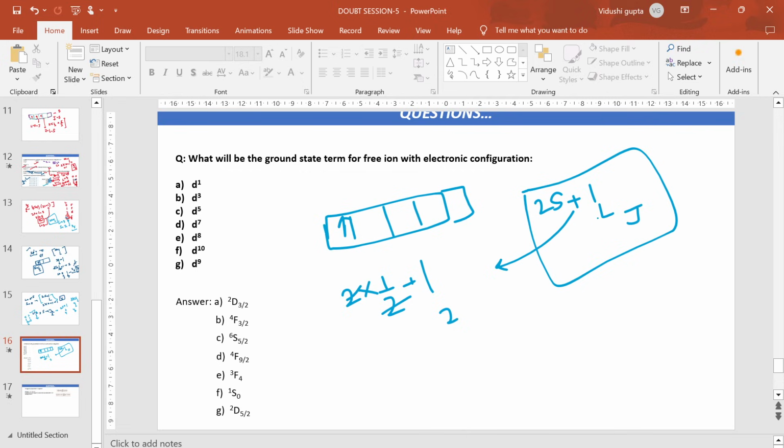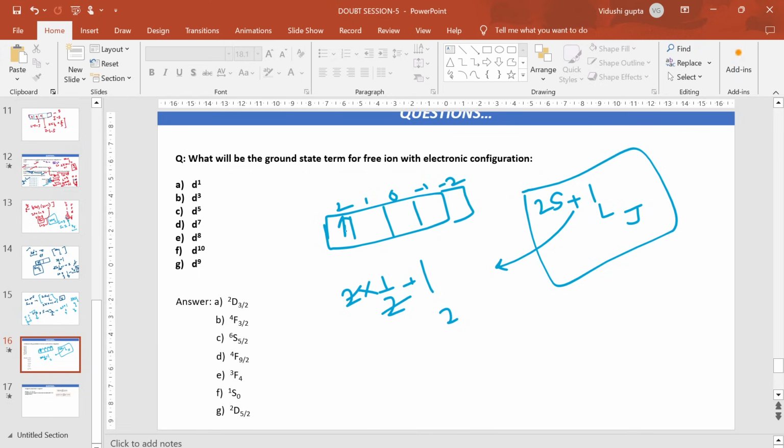And what about L? For L, you can have 2, 1, 0, minus 1, minus 2.